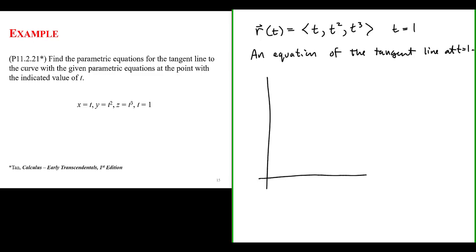Let's look at a qualitative sketch to wrap our minds around this problem. Suppose we have a curve that represents a vector-valued function. This curve is described by a position vector for any point on the curve, r of t.